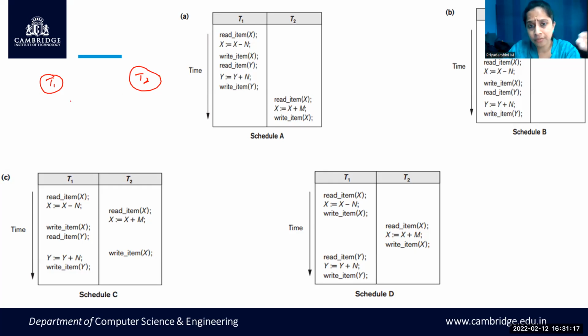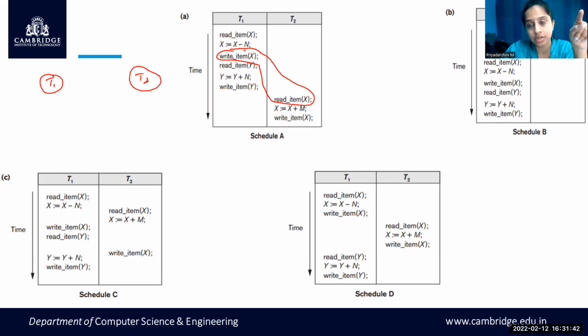Not necessarily should the conflict be immediate. Just find out the conflicts. See, I don't have Y in T2, so it should come with X. So the conflict is read item to write item. The conflict operation started from which transaction?